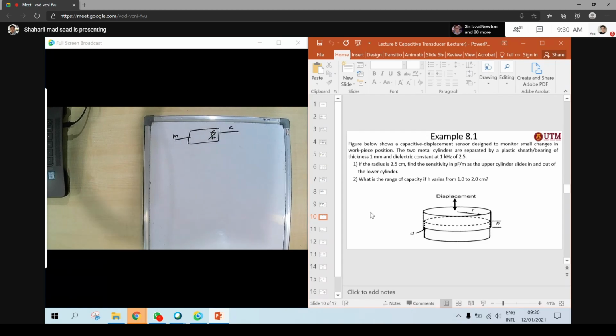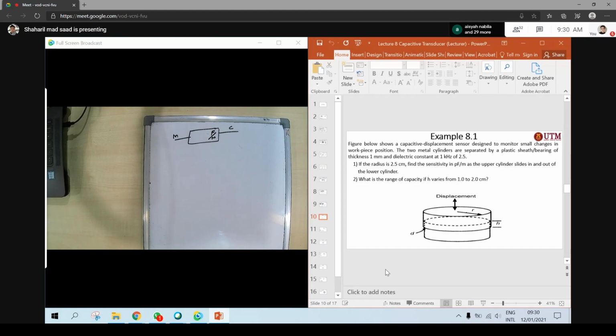You have two cylinders, a big one and a small one, separated by the distance D. You want to find the sensitivity in picofarad over meter.